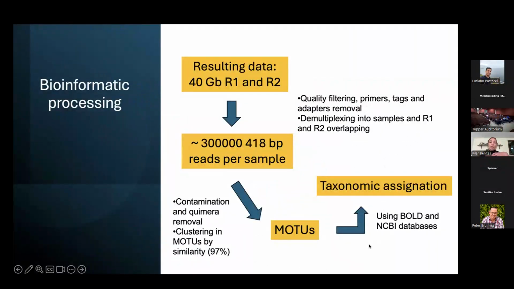Once we got our results back, NovaSeq produces a huge amount of data. We started with quality filtering, and primer, tag and adapter removal of our reads. We demultiplexed them into samples and we overlapped our R1 and R2. And we ended up with around 3,000 reads per sample, every read of 418 base pairs, which we processed to try to detect contamination and also chimera removal.